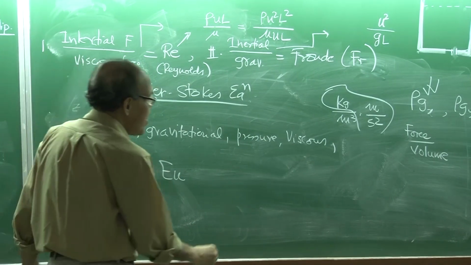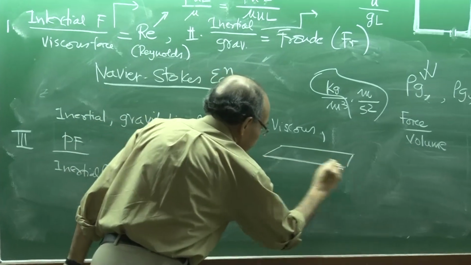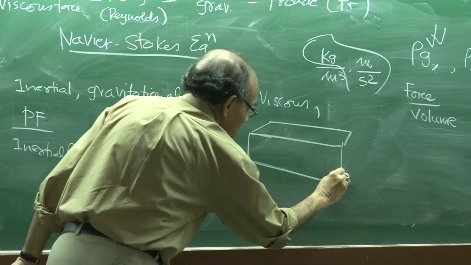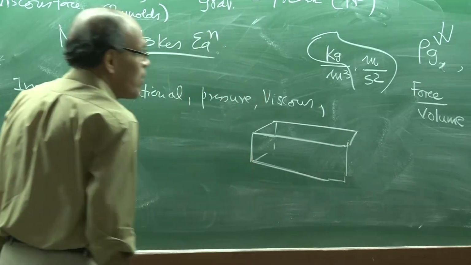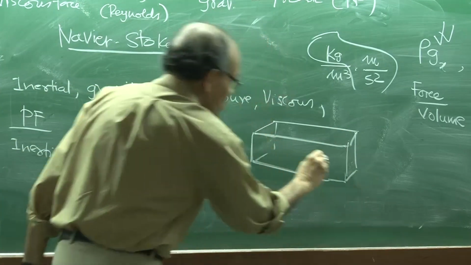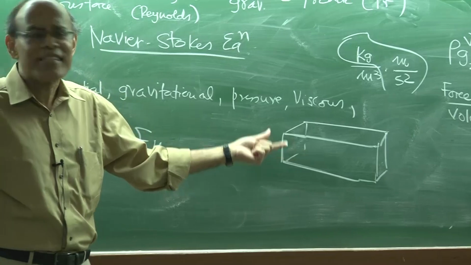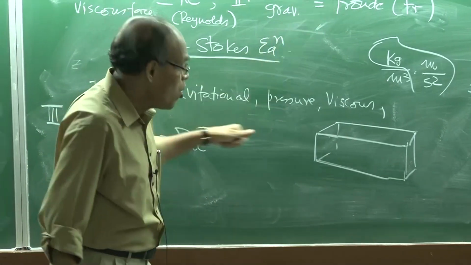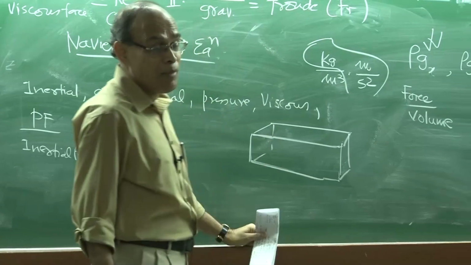But suppose you imagine that you have a system like this, and then you ask, sir, what is going to be the characteristic length, because there are different dimensions, length and breadth are not identical in this particular system. Okay? So, in such a system, if the flow is taking place, what should be the characteristic length? Should it be this direction or this direction? And in that context, there is the terminology again, you must have heard about it.